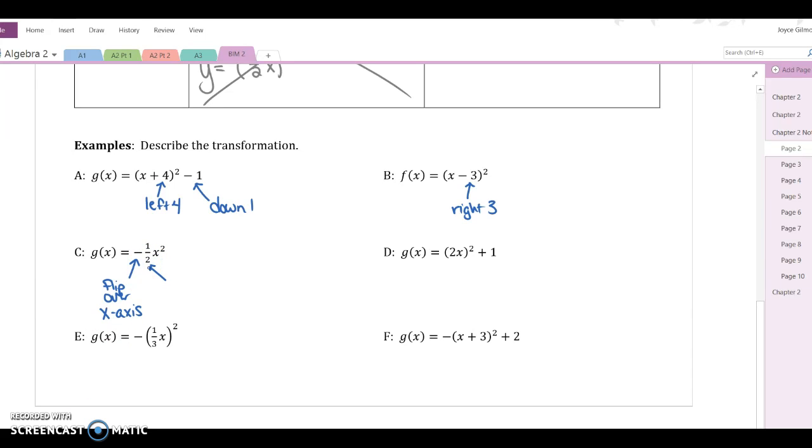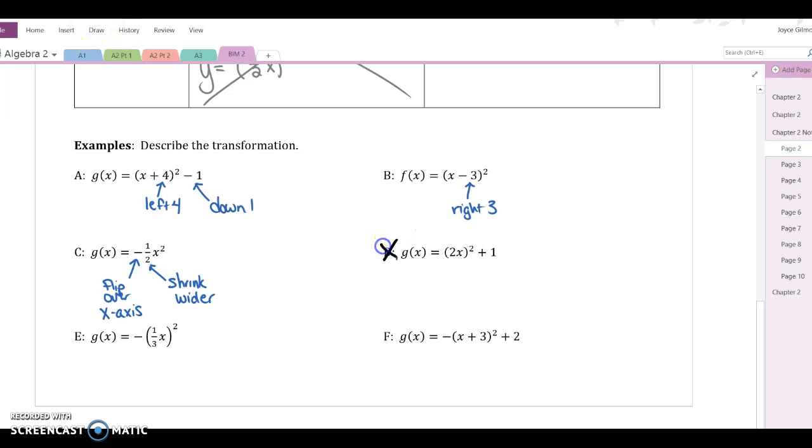The 1/2 is not inside parentheses, so it's a vertical stretch or shrink. That means it is a shrink, a vertical shrink. It will make the graph look wider. The parabola will be wider because of the 1/2.